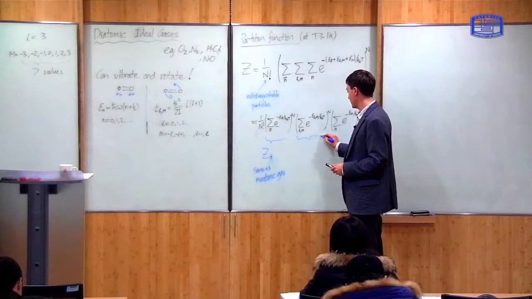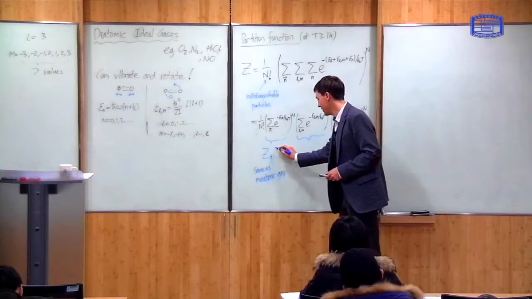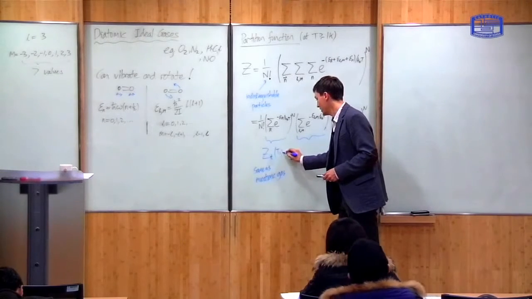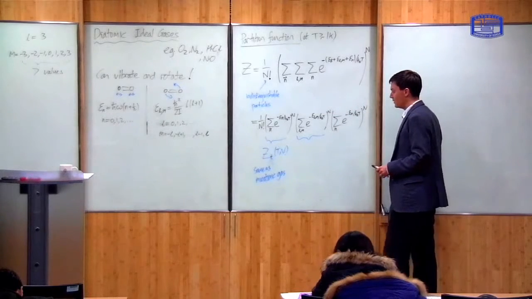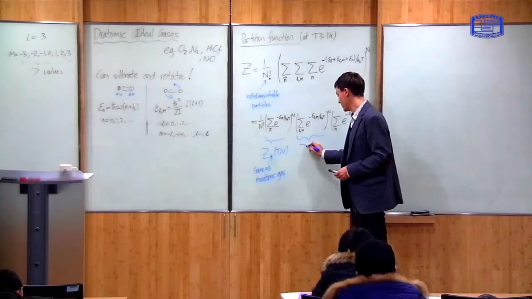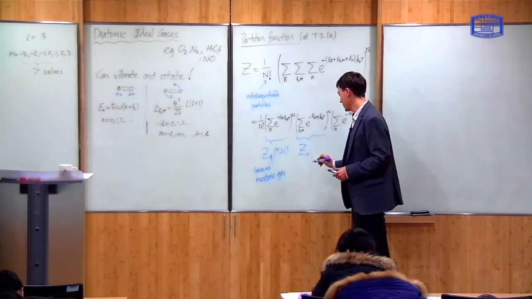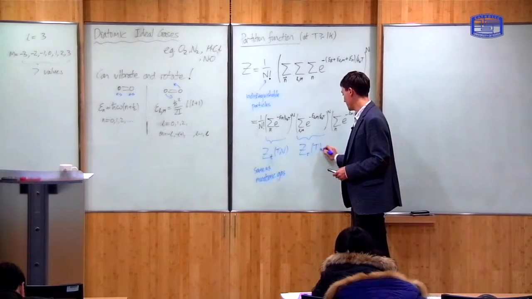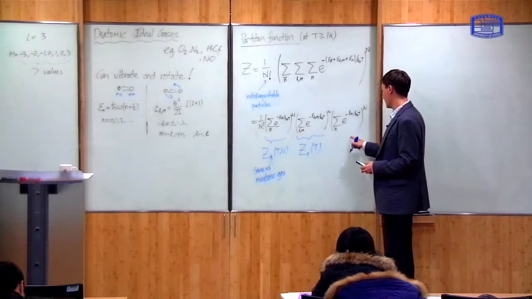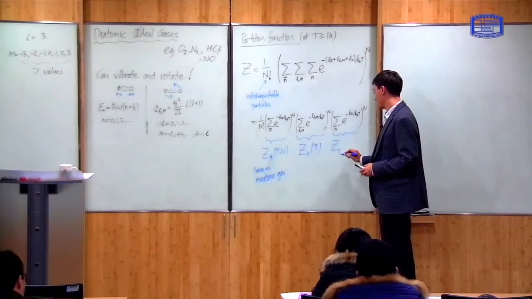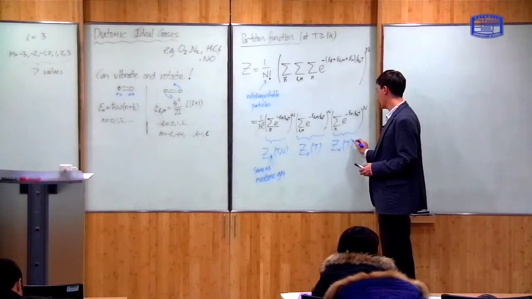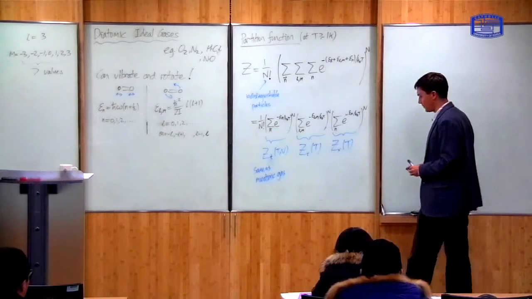This next term depends upon both the temperature and the volume of the gas. This next term is the rotational part, so I'll call this ZR for rotation. This only depends upon the temperature. And this final part is the vibrational part, so I'll call it ZV, and again, it only depends upon the temperature.